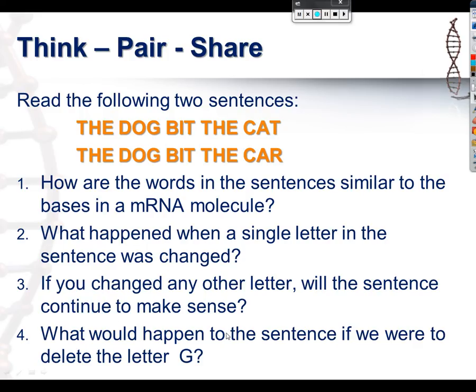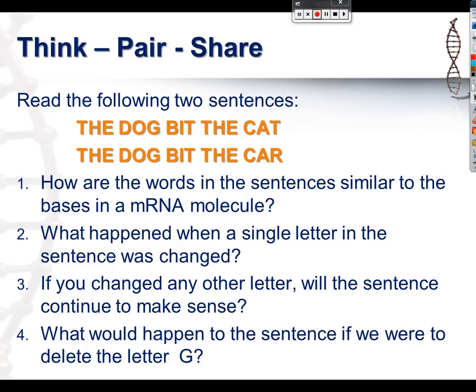What would happen to the sentence if you delete the letter G? So if we delete the letter G, obviously we lose the codon here. What would happen? Now we would have something, instead of a dog, it would be the do bit. Obviously we see that grammatically speaking, it just gets even worse.